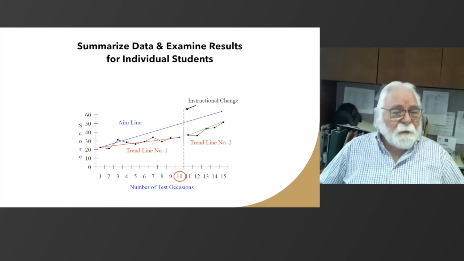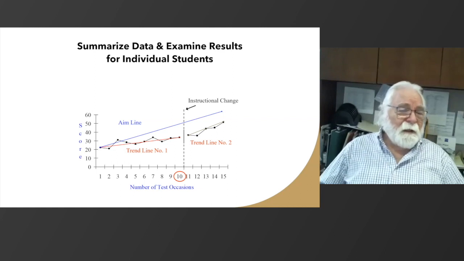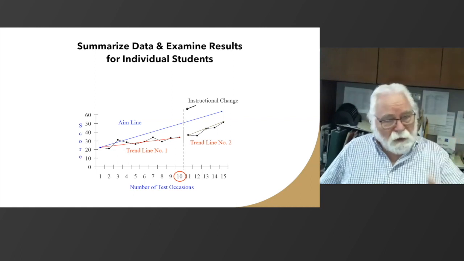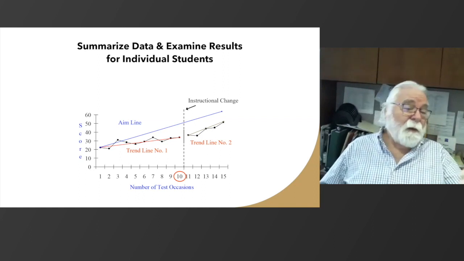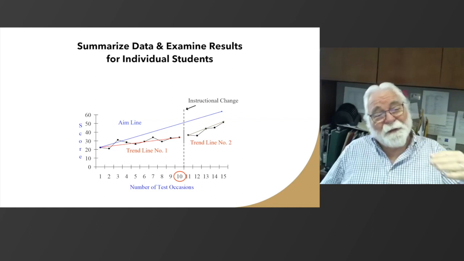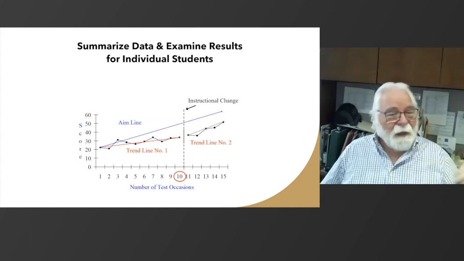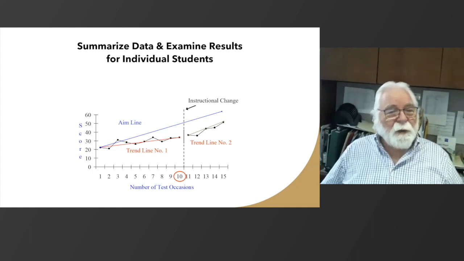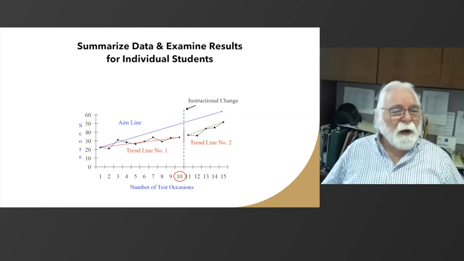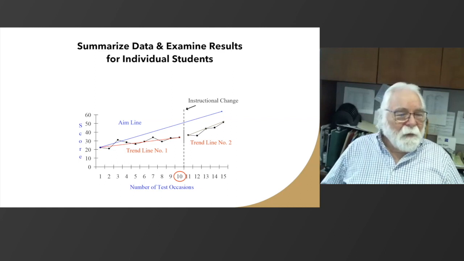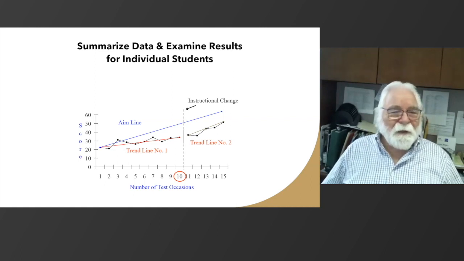So if you notice the dots, the black dots on the left side of that vertical dotted line, those are the scores that the youngster got. And that's typically how they go. It's rare that you get one that just goes consistently up. They tend to be erratic. And that's why we put that trend line in place. So the computer put in that trend line, the red trend line. And the team looked at this and said, you know something?